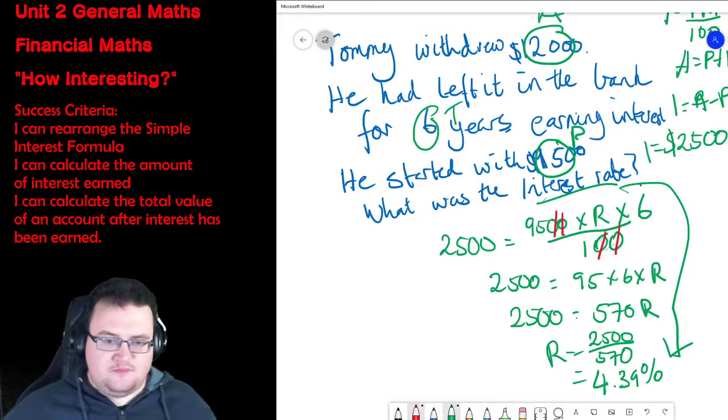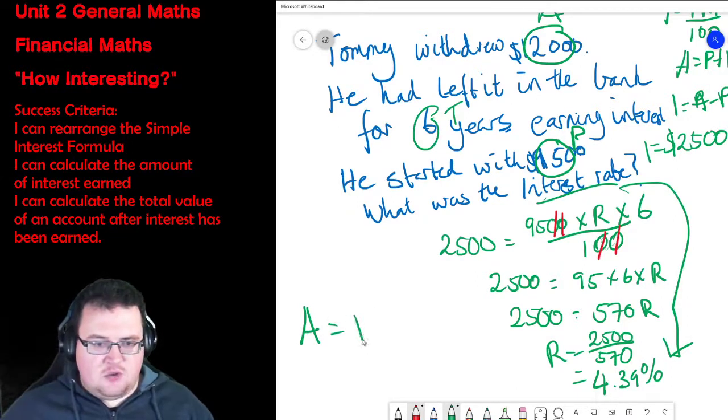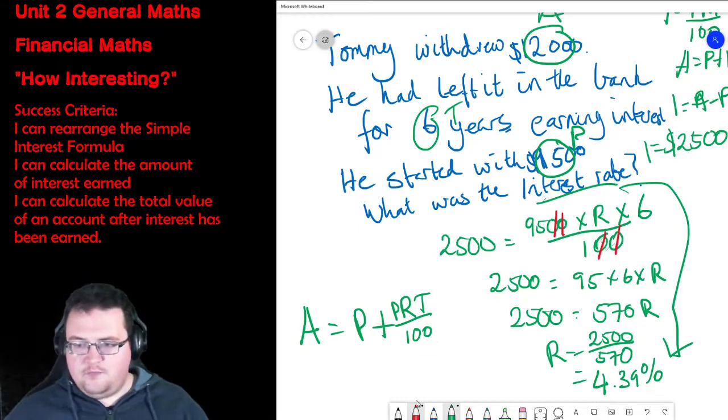Now, coincidentally, if I were to write out the formula a little differently, I could have A equals P plus PRT over 100.